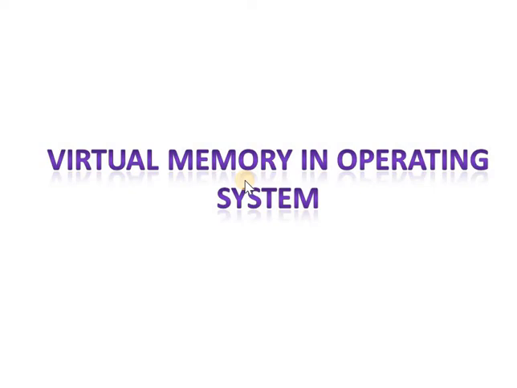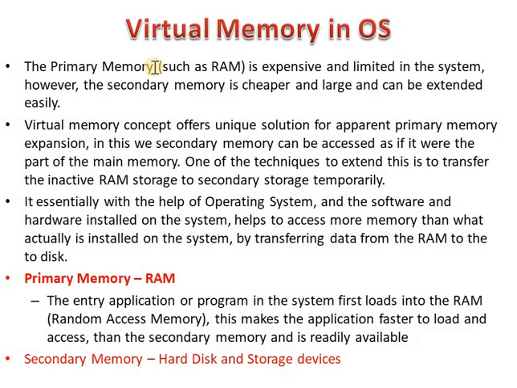Now, in this lecture we will discuss the virtual memory concept in detail. First we will see what exactly virtual memory is. The primary memory, such as RAM, is expensive and limited in the system. However, the secondary memory is cheaper and large and can be extended easily.